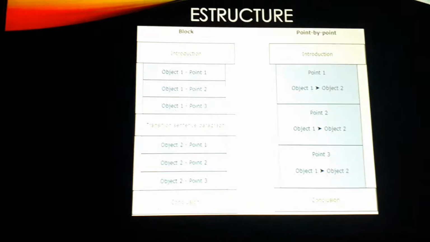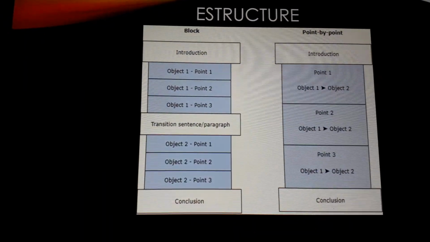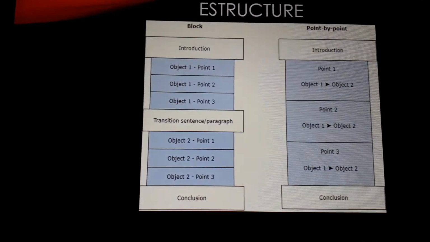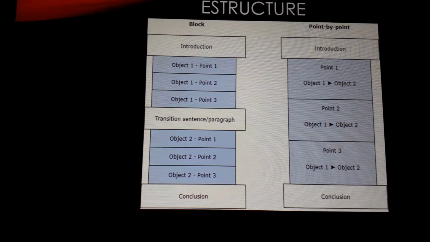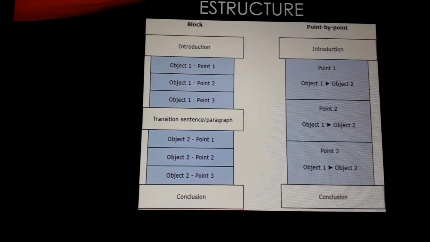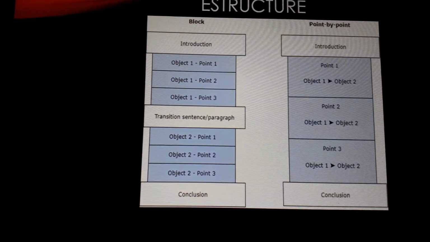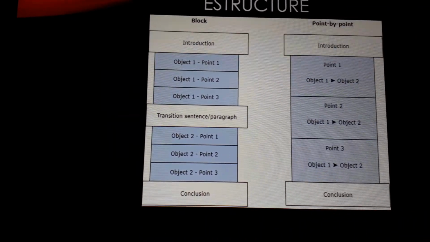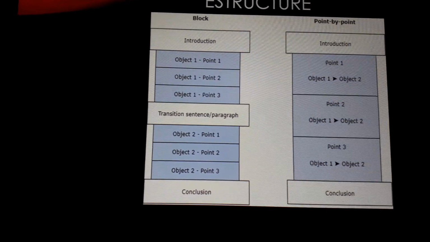Here you can see the structure of the compare and contrast essay with the two methods, starting with the block method. First, you do an introduction, then you write about the first object.